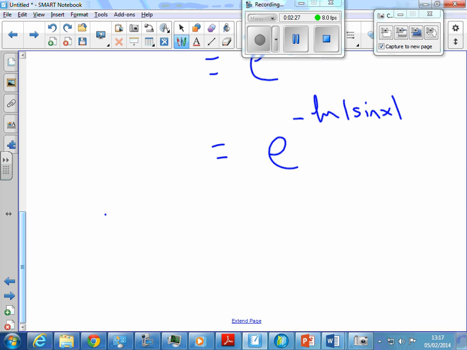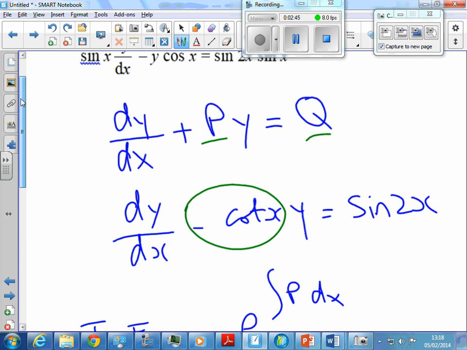Therefore, my integrating factor is equal to cosec x. Now that I have that, what I do, remember, is multiply every term, multiply through by the integrating factor.